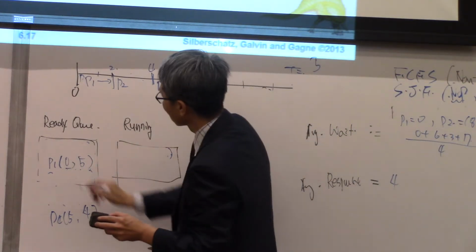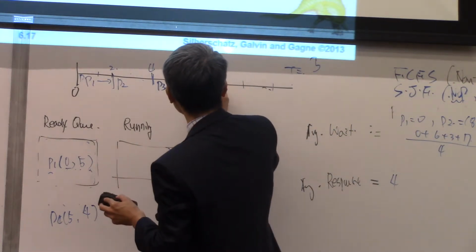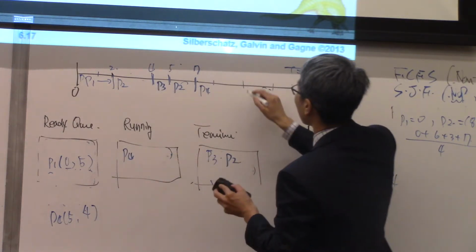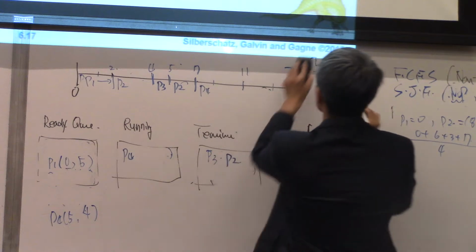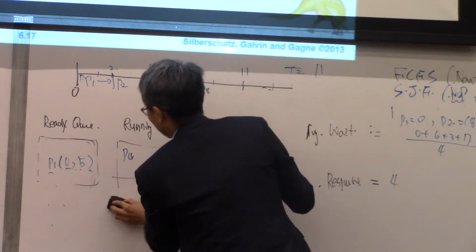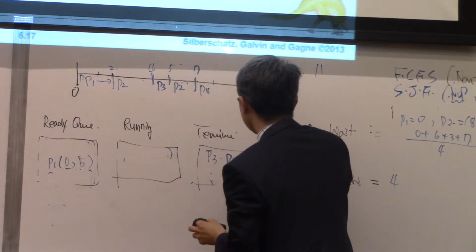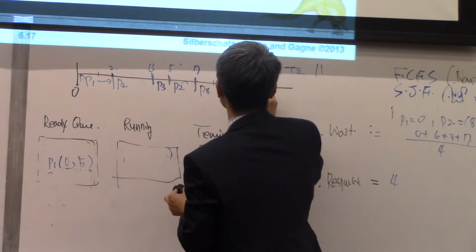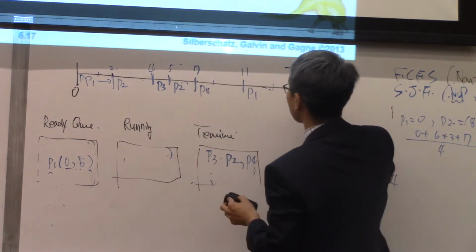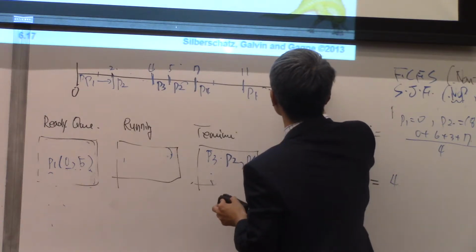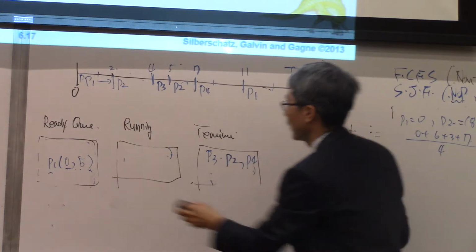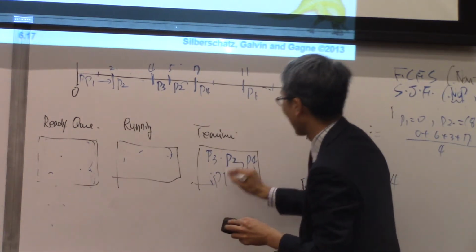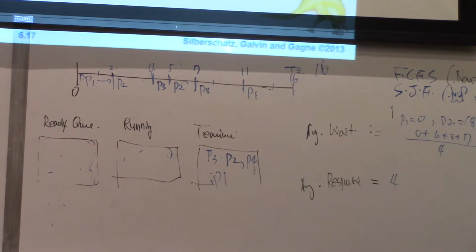Next, from the ready queue, P4 is selected for 4 time slots, until 11, and is terminated. The last one is P1, with remaining time 5, so until 16, and P1 is terminated.